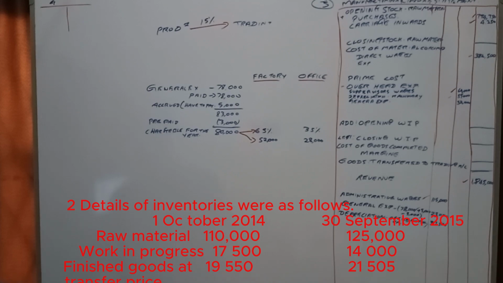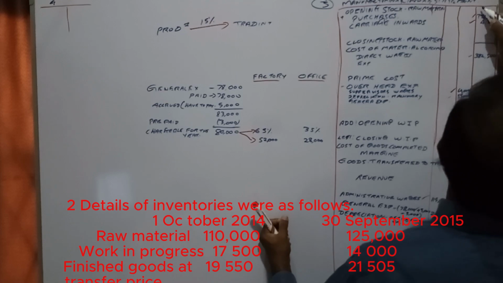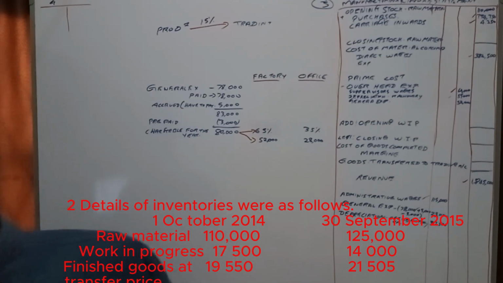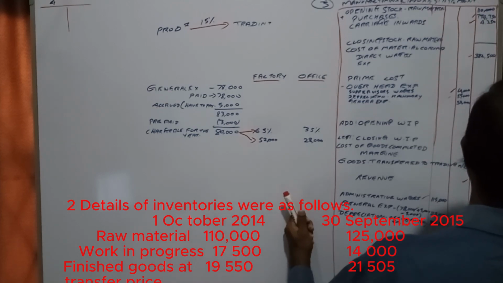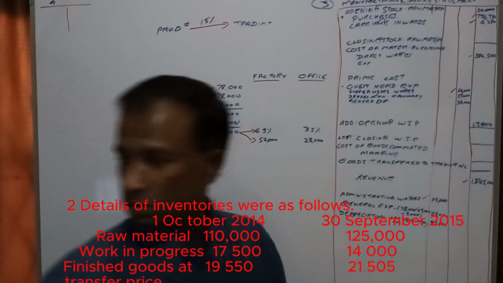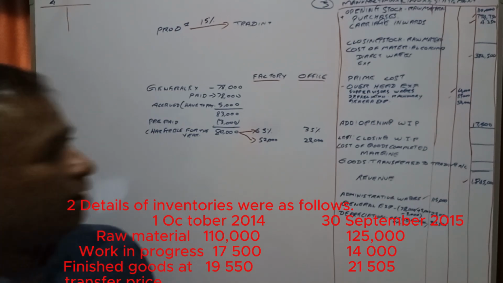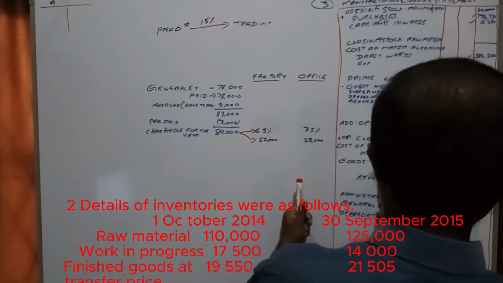Raw materials opening stock 110,000, and work in progress 17,500. Finished goods at transfer price 19,500.